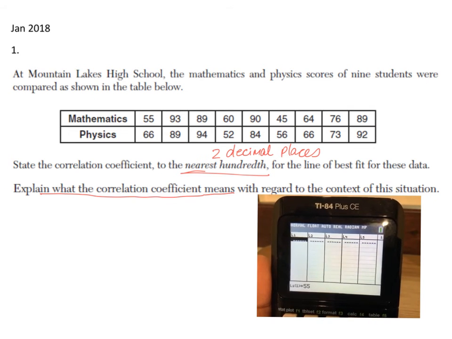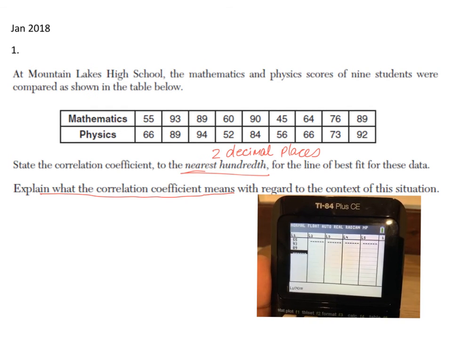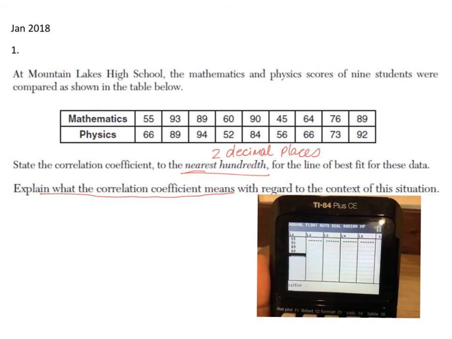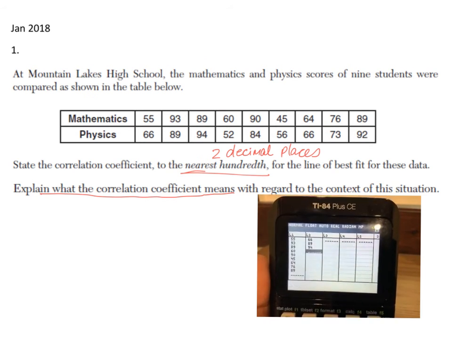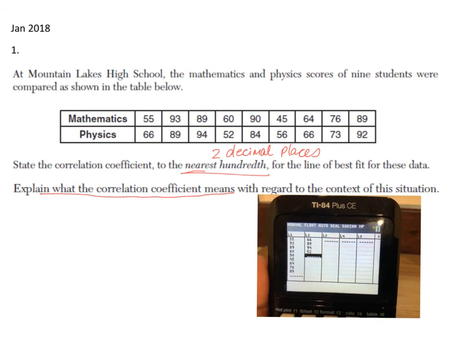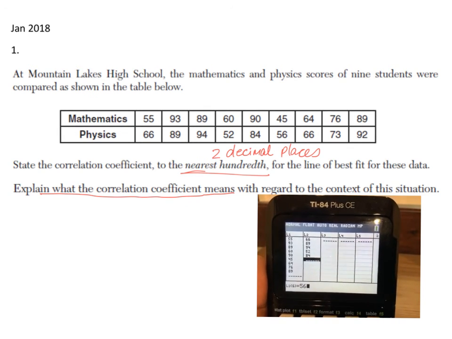So we've got 55, 93, 89, 60, 90, 45, 64, 76, 89, and then we have 66, 89, 94, 52, 84, 56, 66, 73, and then 92.